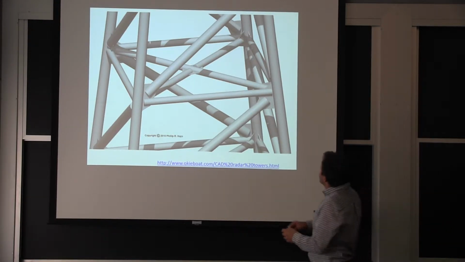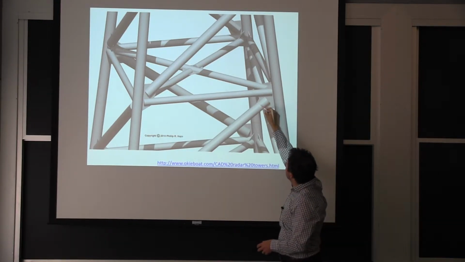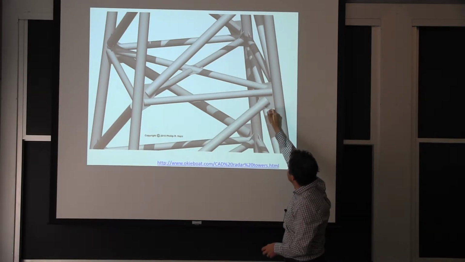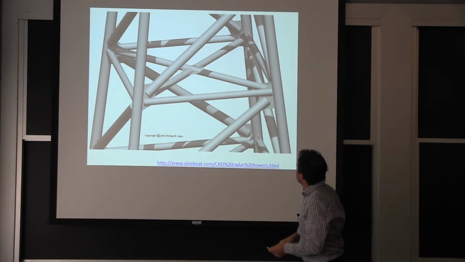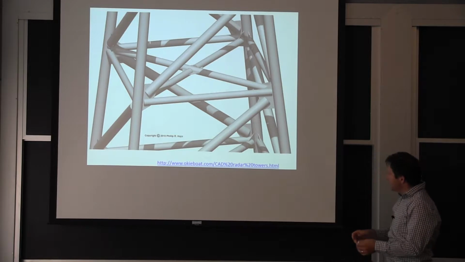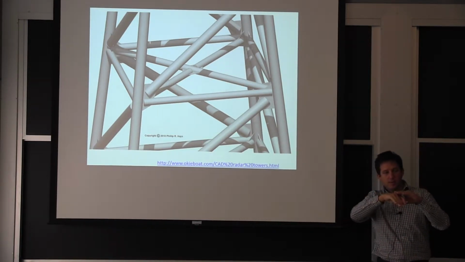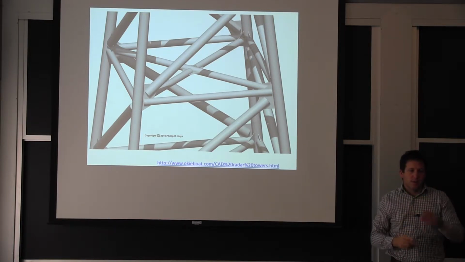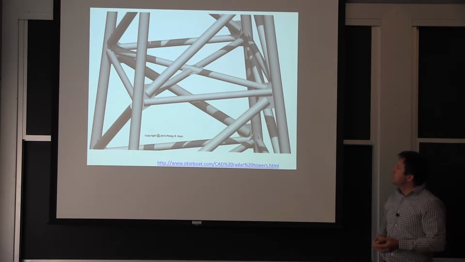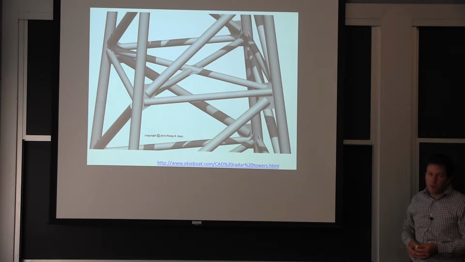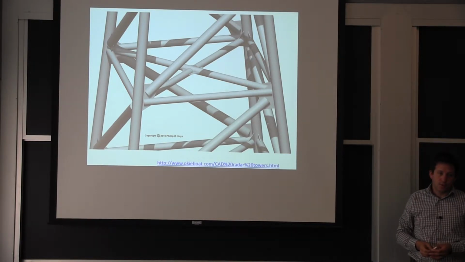This design here has gusset plates, so it's a plate here, and you put a slot in the tube itself, so you can insert the tube over a plate, and then you put the welds on each side. What this allows you to do is load these welds in shear as opposed to tension.